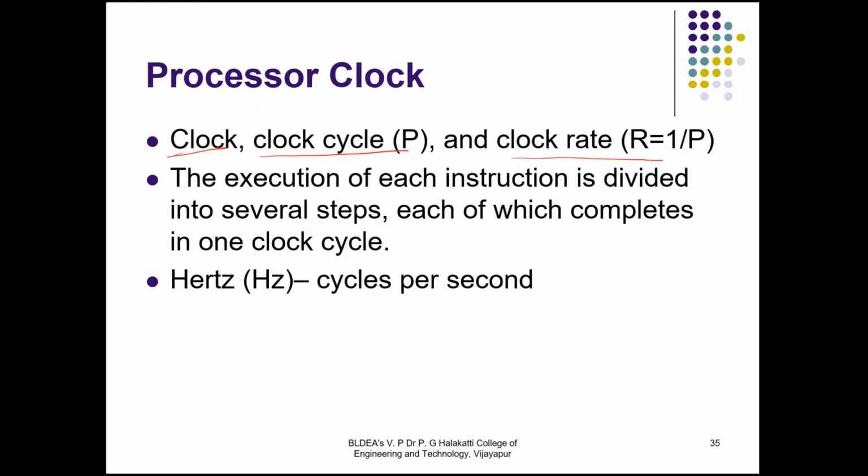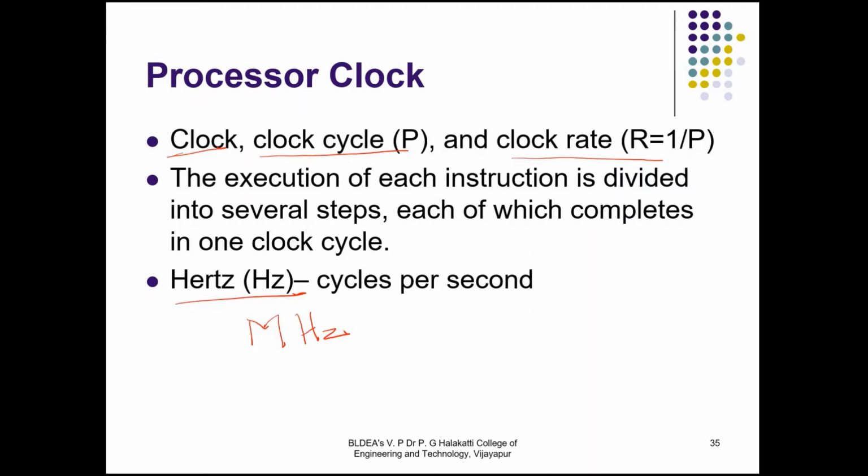Processors used in today's personal computers and workstations have clock rates that range from a few hundred million to over a billion clock cycles per second. In standard electrical engineering terminology, the term cycles per second is called hertz, which I denote by Hz. The term million is denoted by the prefix mega, that is capital M, and I write it as megahertz.